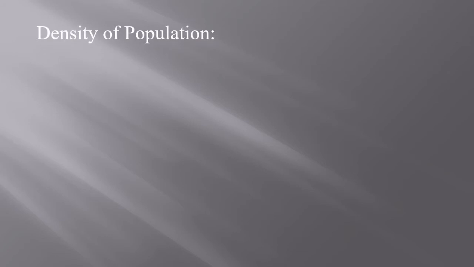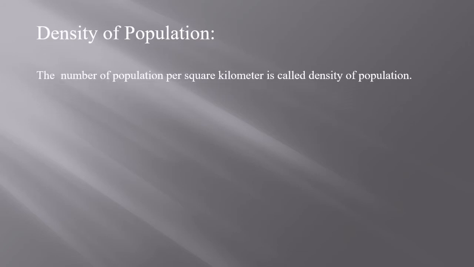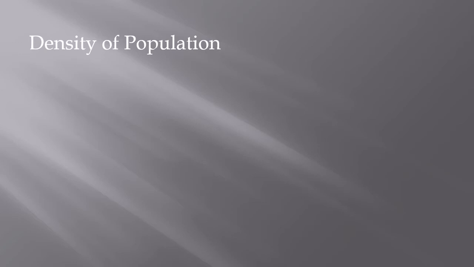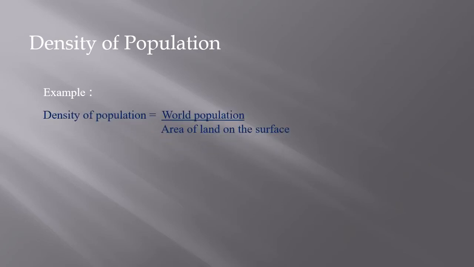We can define the density as the number of population per square kilometer is called the density of population. The formula of which is, if we divide the total population by the total area, we will get the population density. For example, if we need to know about the density of world's population, we will divide the number of world's population over the total area of land surface.